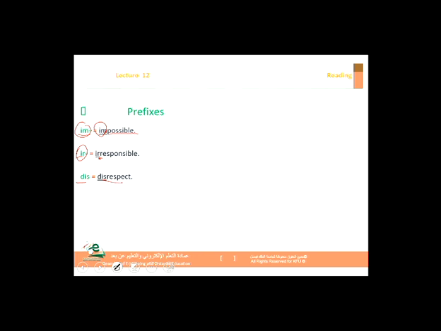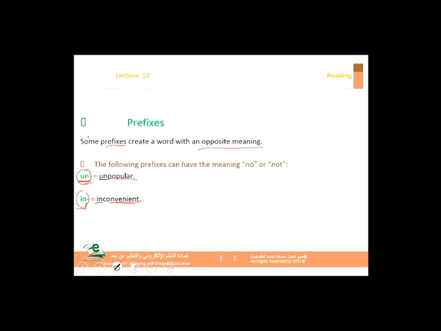Or respect: if we break it down, we have dis at the very beginning and we have respect. So the opposite of respect is disrespect. So dis, and im. We have also un and in. All of these can be used to give the opposite meaning of the original words.